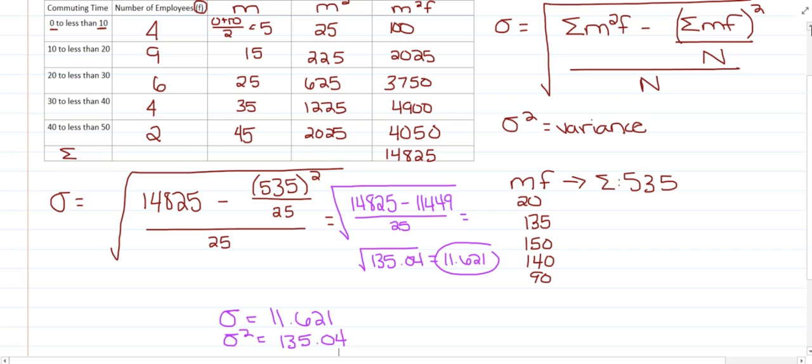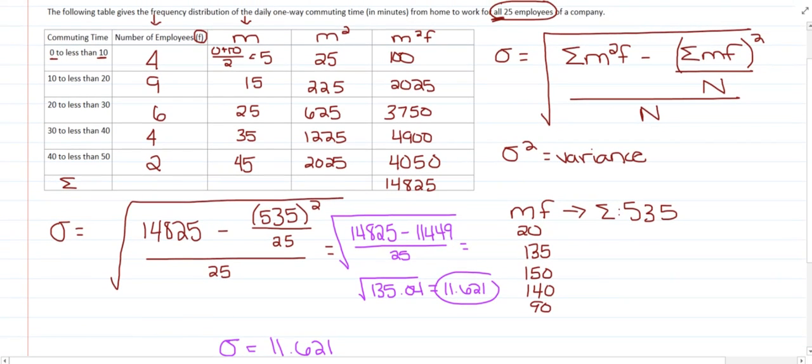Okay, so we have our standard deviation and variance for our group data. Well, we actually didn't find the mean, so let's go ahead and find the mean just so we can make this complete. So the population mean for group data is mu, the Greek letter mu, for mean.